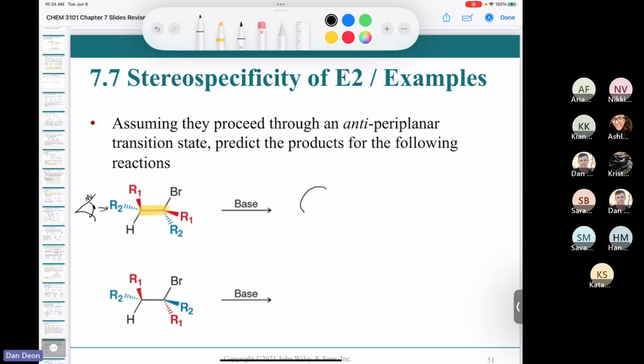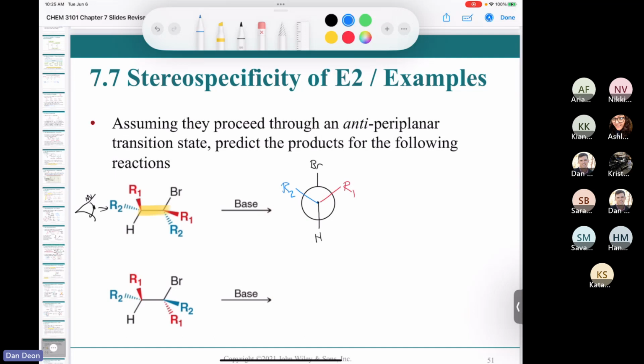I have my carbon in the back, I have my carbon in the front. On my carbon in the front, I have my hydrogen going down. I'm going to have R2 going off here. I have R1 up and to the right, like that. In the back, I've got my bromine going straight up, so it's anti-periplanar to the hydrogen.